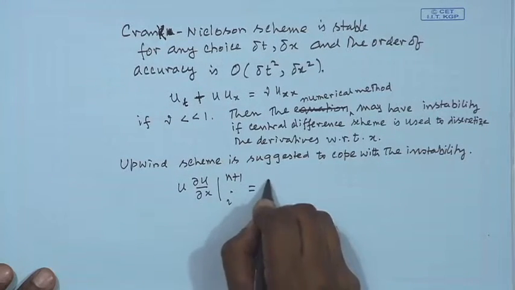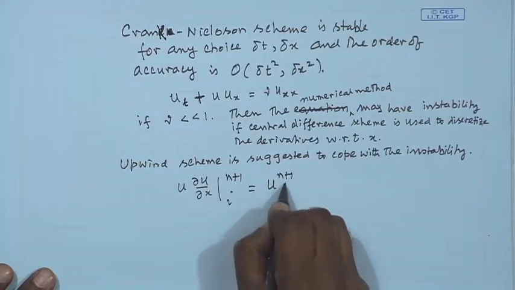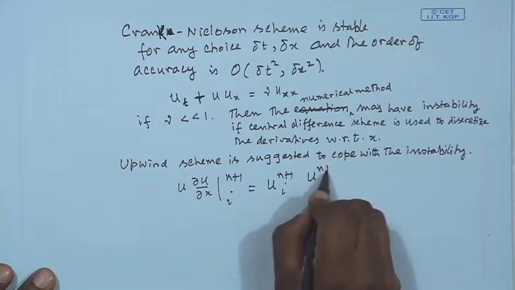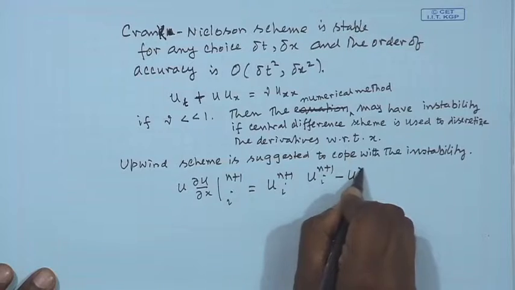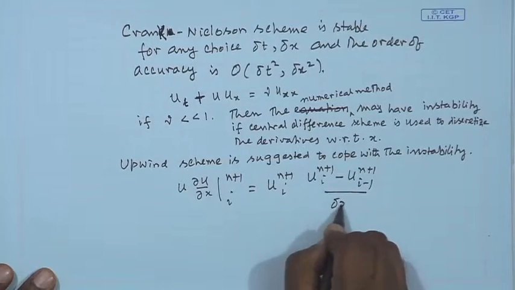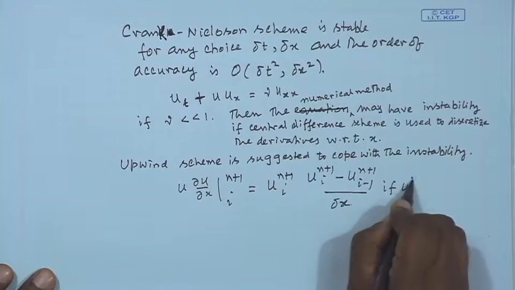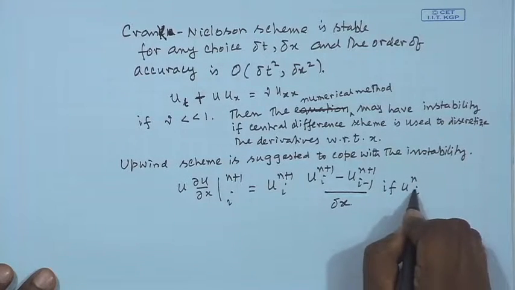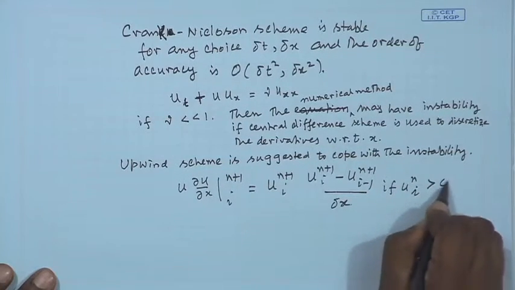So, in the upwind scheme, u del x at n plus 1, i is taken to be u n plus 1 i minus u n plus 1 i minus 1 by delta x if u n i is greater than 0.